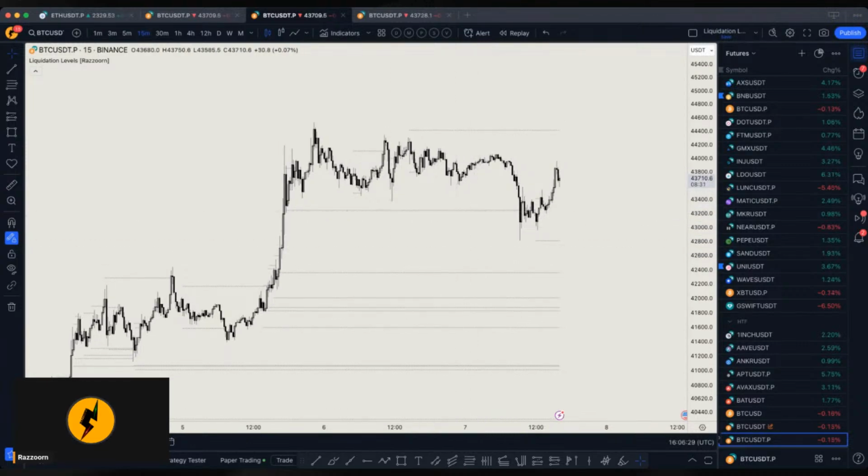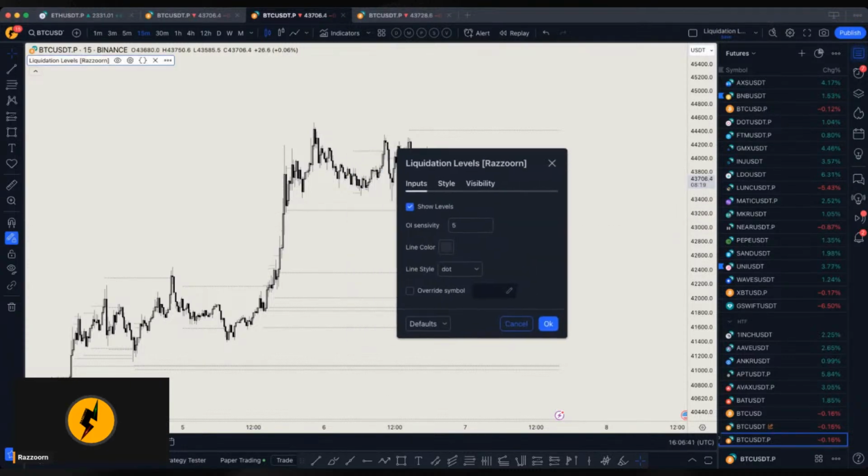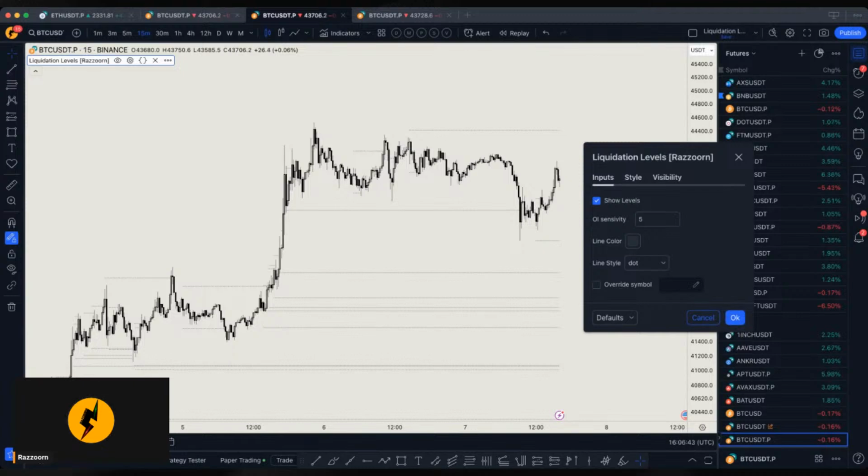So Gio asks, can you explain how the OI sensitivity works. Of course. OI sensitivity is basically a metric for how high you want the resolution of the levels to be. The 5 is already backtested and is the setting that I use on my chart.